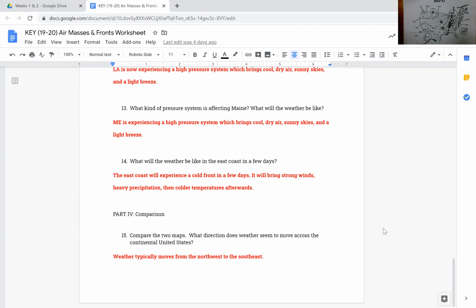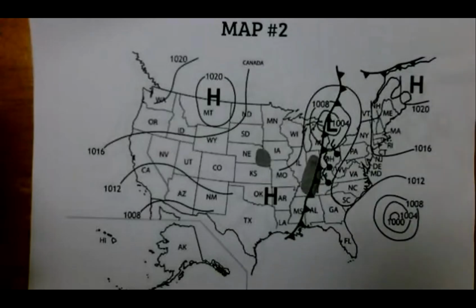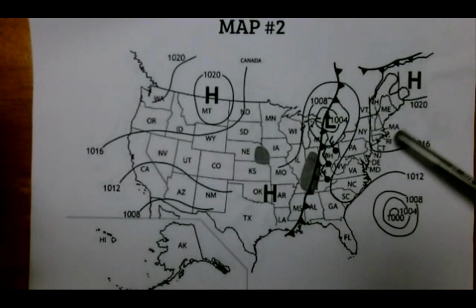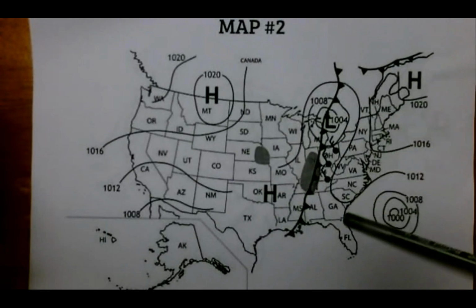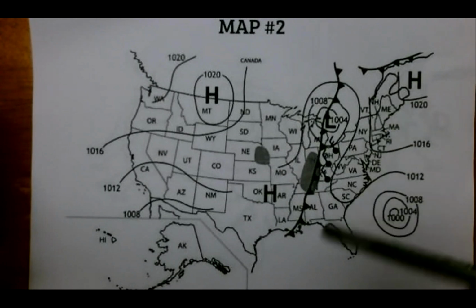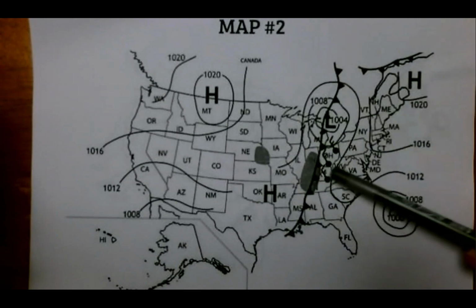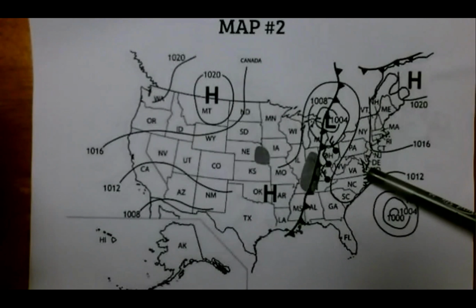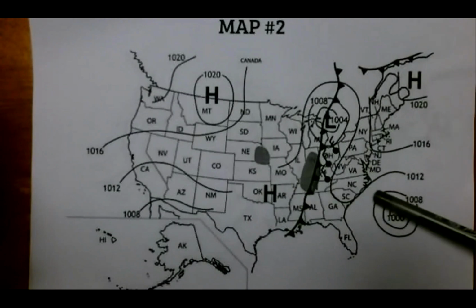It's asking, what will the weather be like on the East Coast in a few days? So the East Coast is just right around here. I'll go back to our large picture so you can see. East Coast is the coastline of any state that's along the eastern part of the US. So as we have a cold front coming through, in a few days it'll eventually get to the eastern side of the US.